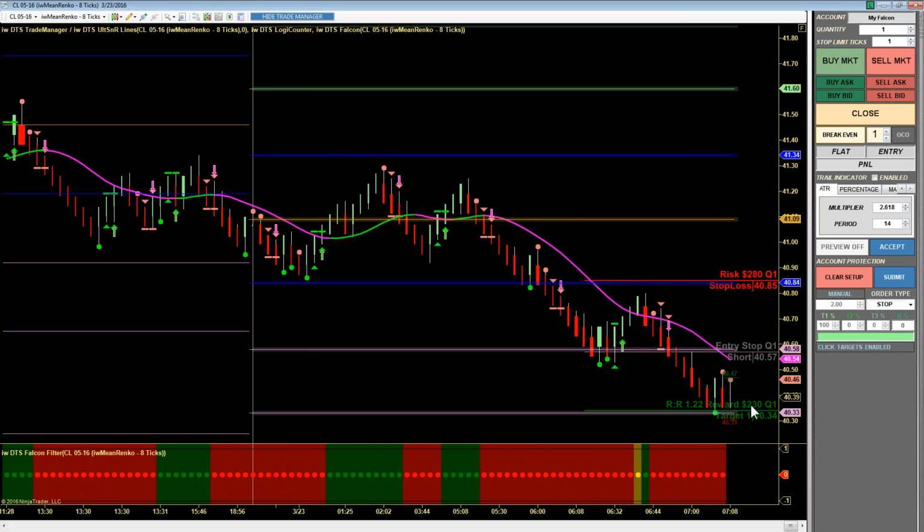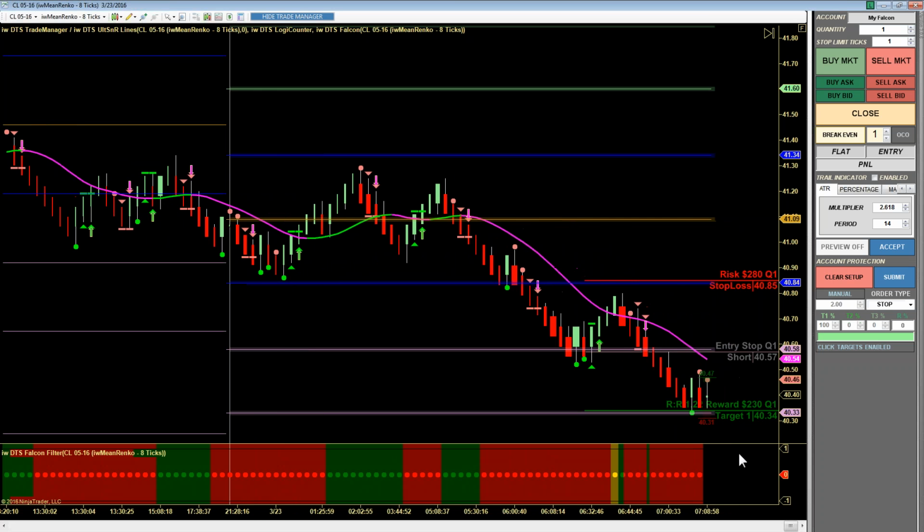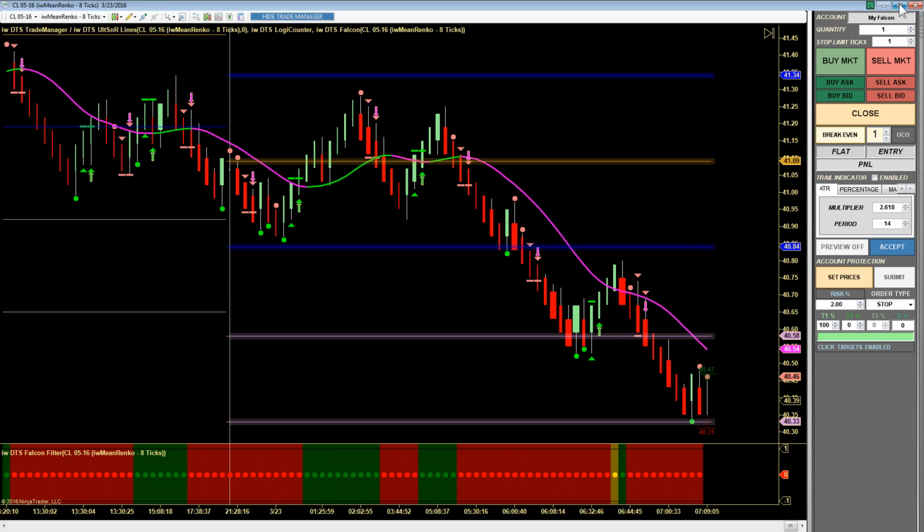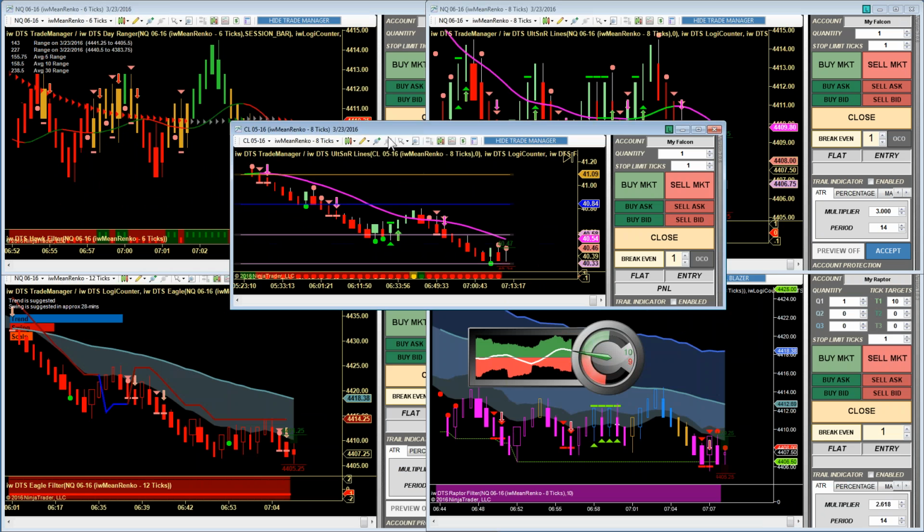And you can see prices have drifted down now to the secondary support. So crude oil still hovering around $40 a barrel. I've gotten a lot more bullish on crude.